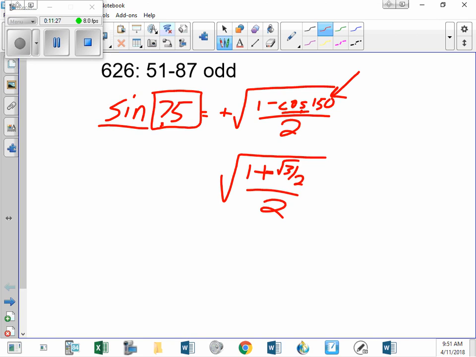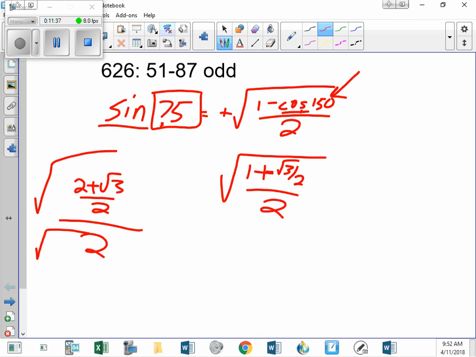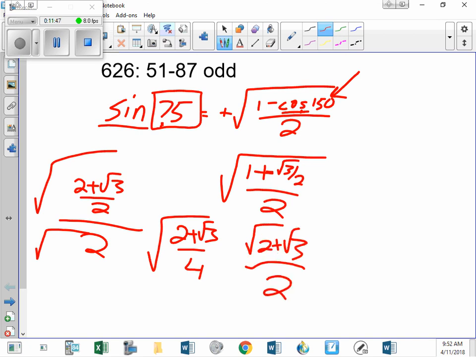And then I change the 1 to 2 over 2. So I get 2 plus root 3 over 2, over 2. So it's 2 plus root 3 over 4. And when I square root that, I get root of 2 plus root 3, over 2. Okay?